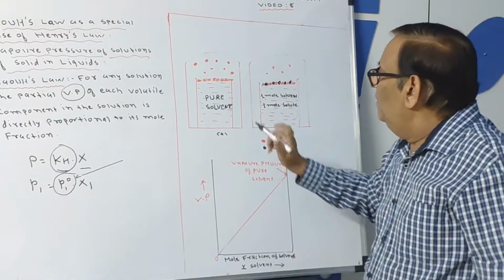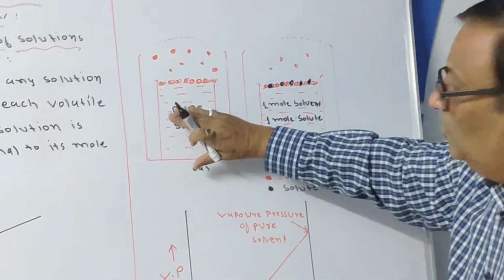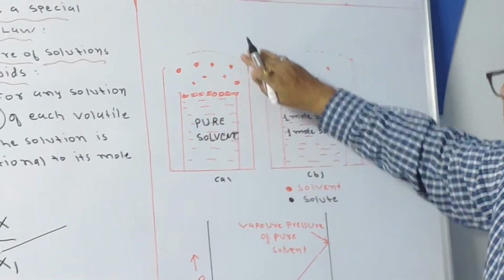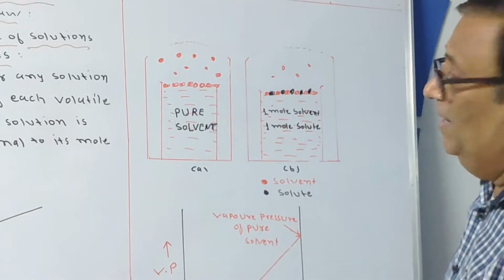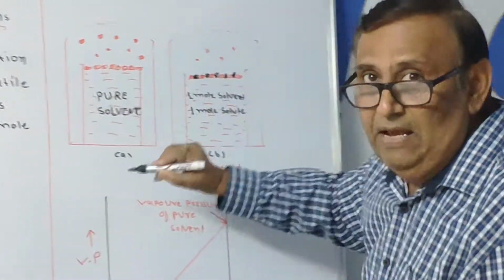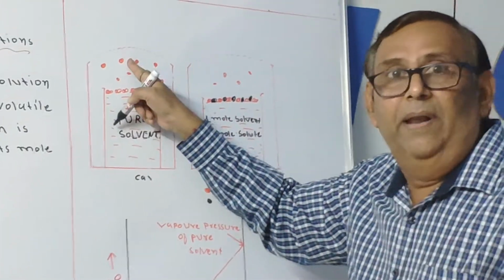In figure A, this is your pure solvent. When pure solvent is kept in a closed vessel, there is an equilibrium between the liquid solvent and its vapor.